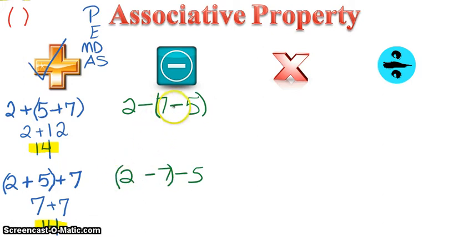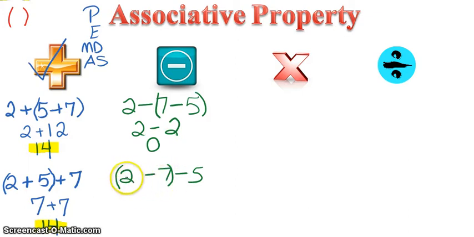Okay, what is 7 minus 5? Again, I'm starting in parentheses first. Always, always. 7 minus 5 is what? 2. And what's 2 minus 2? 0. Okay, next problem. Find the parentheses. All right, 2 minus 7.